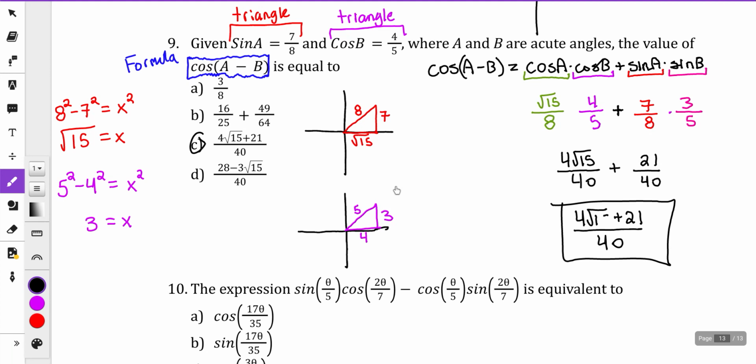There would be a lot of people who just want to get on the unit circle or try to figure it out or try to actually calculate angles A and B. Notice I never calculated angles A and B. If you see this, 99% of the time it's going to be a formula you need to change into this. Almost always. I'm not actually calculating angles A and B. I'm calculating ratios for A and B: y over r, x over r.